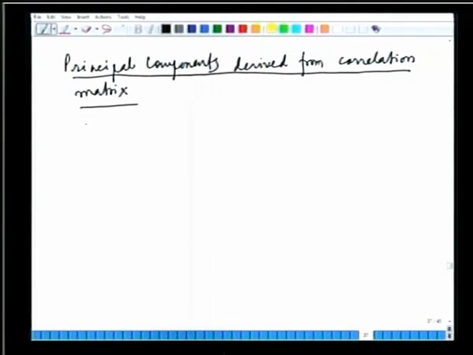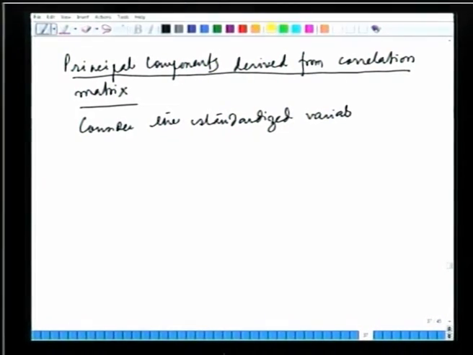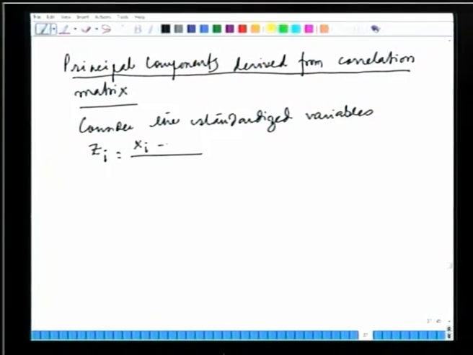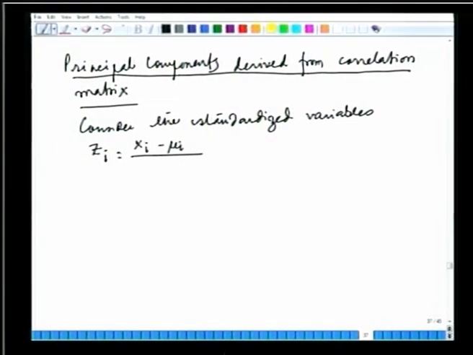Okay, so, first we consider the standardized variables, that is the first step, and use a very general notation Z for those. So, Zi is xi minus mu i, the mean of the ith random variable, divided by root sigma ii, for all i from 1 to p.